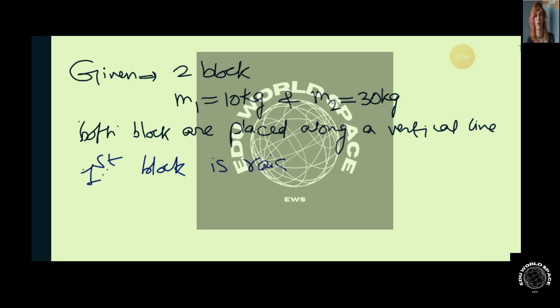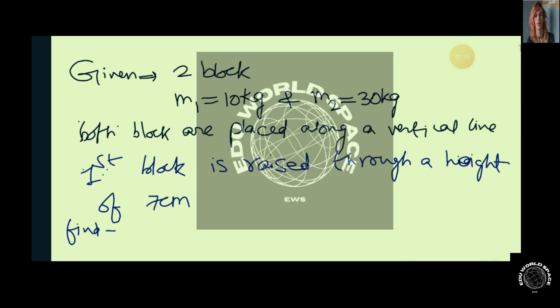So this data is given, and now in the question we have to find out the distance that should be moved by the second block to raise the center of mass by 1 centimeter.